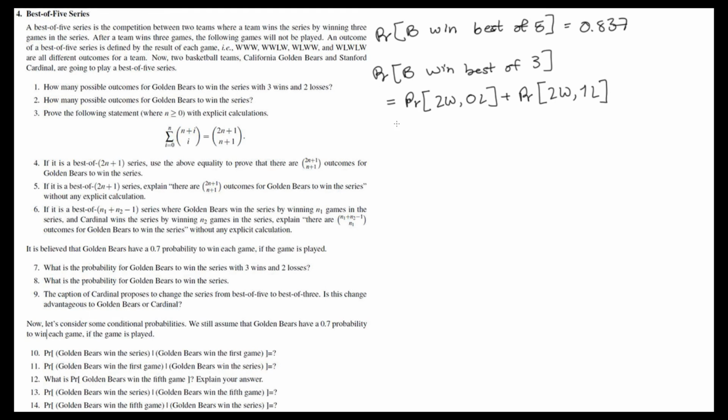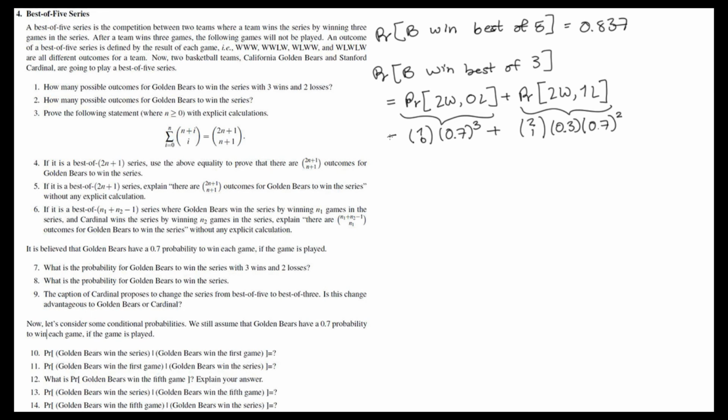By exactly the same logic from the previous questions, this will be 1 choose 0, which is 1, times 0.7 squared, and this will be 2 choose 1 times 0.3 times 0.7 squared.